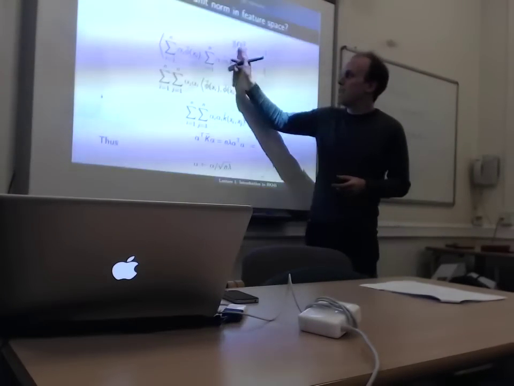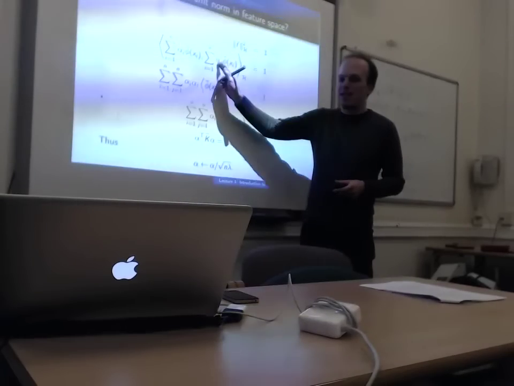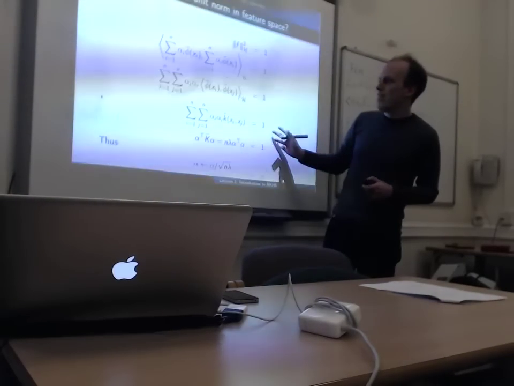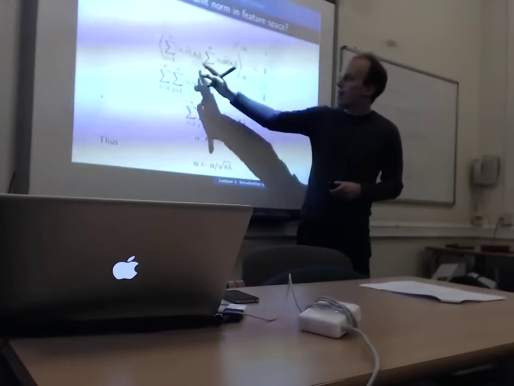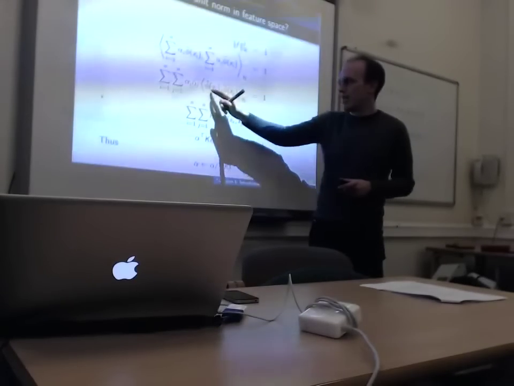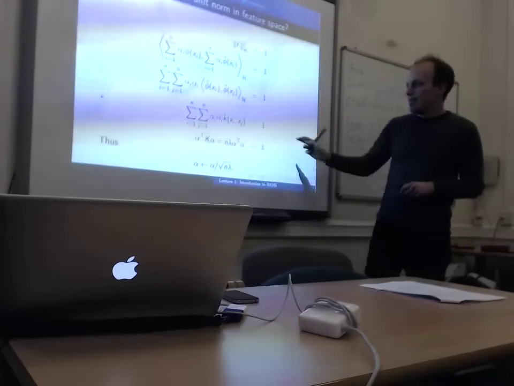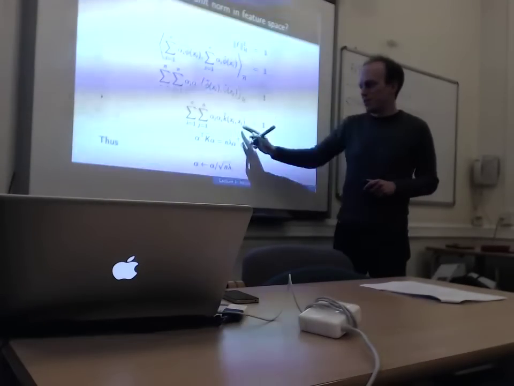Remember that f can be written as the inner product of this and itself. Now, I can just take these alphas outside, and I then get a sum over alphas times the inner product between the centered feature maps at x. The inner product between the feature maps is just the kernel.